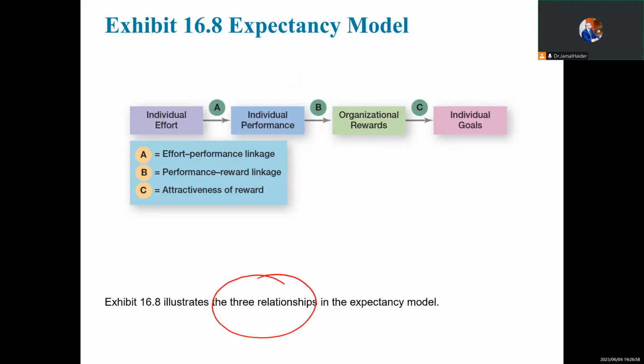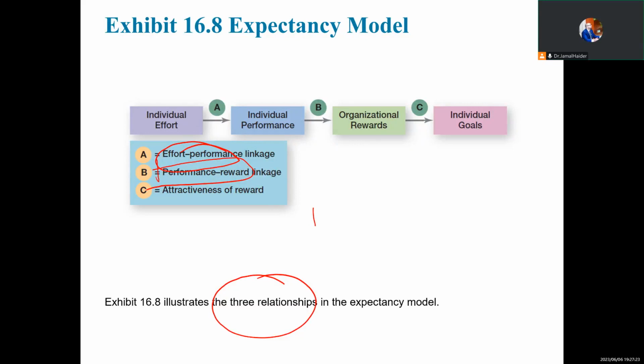First, your individual efforts must be aligned with your performance, then you are satisfied. And if your performance is rewarded by your organization, organizational reward, then you are satisfied.